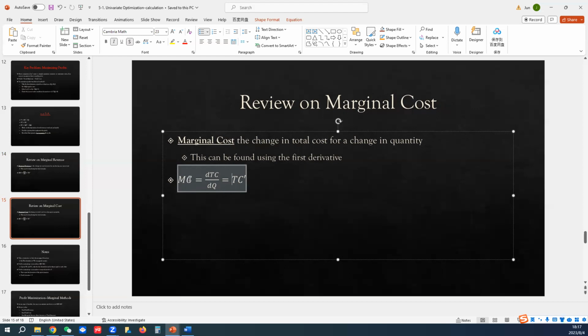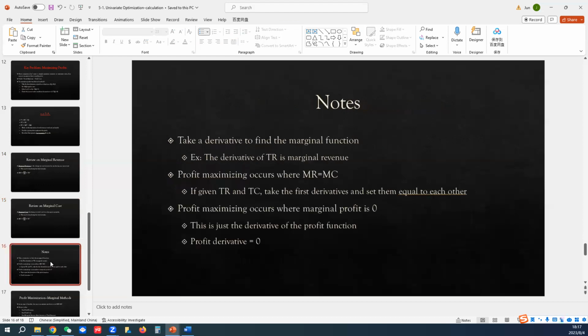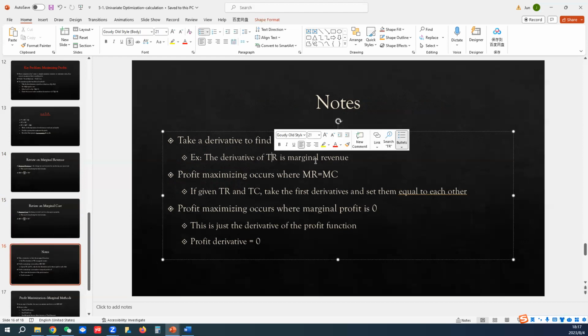So marginal cost, the cost of producing each additional unit of product, is the derivative of total cost. So here what we can do is take a derivative to find the marginal functions, including marginal revenue and marginal cost. And then the profit is maximized when marginal revenue equals marginal cost, and then we can just directly solve for this.